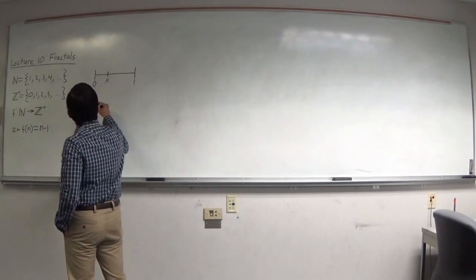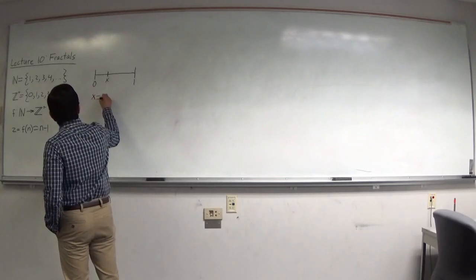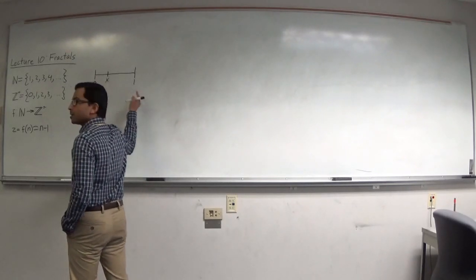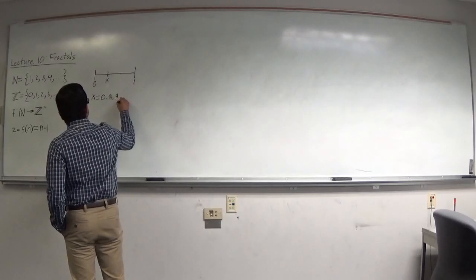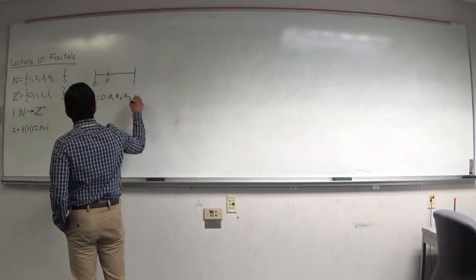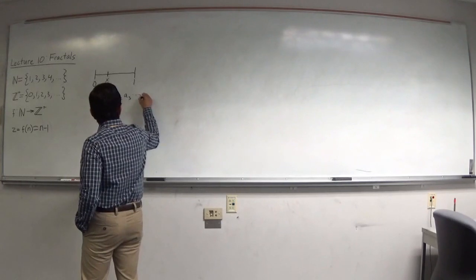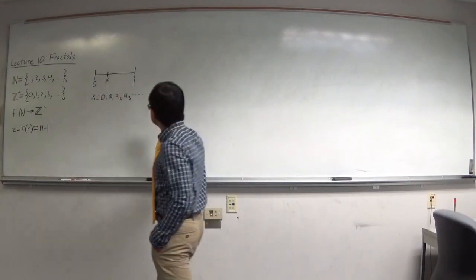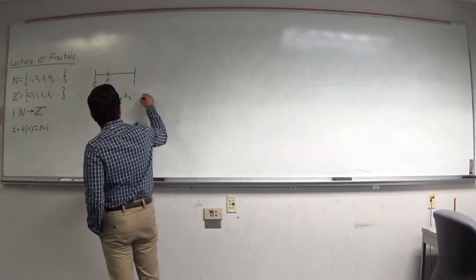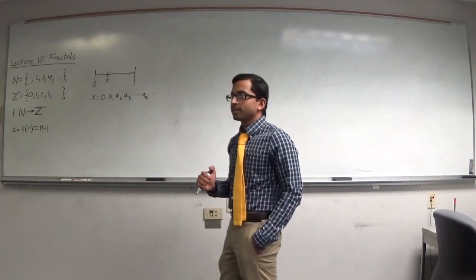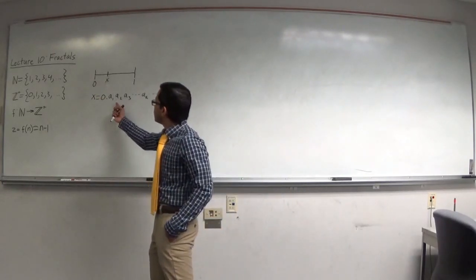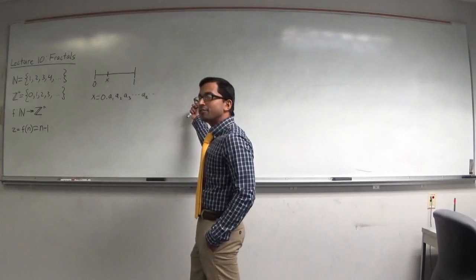So let's think of x here. x is going to be 0 point something, right? So say a1, a2, a3, etc., and let's write in ak, and it goes on. And it has infinite strings of digits, right?